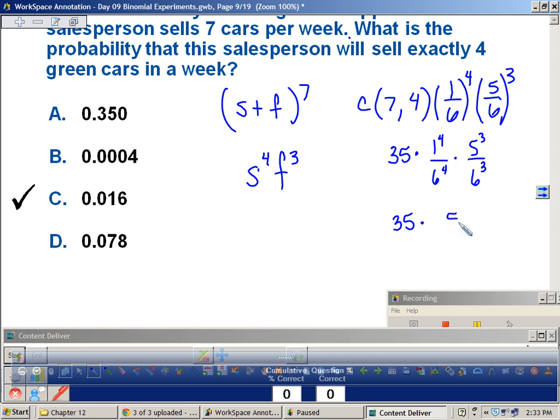So the numerator is going to be 5 cubed, and the denominator is going to be 6 to the 7. And you're always going to have 4 and 3.